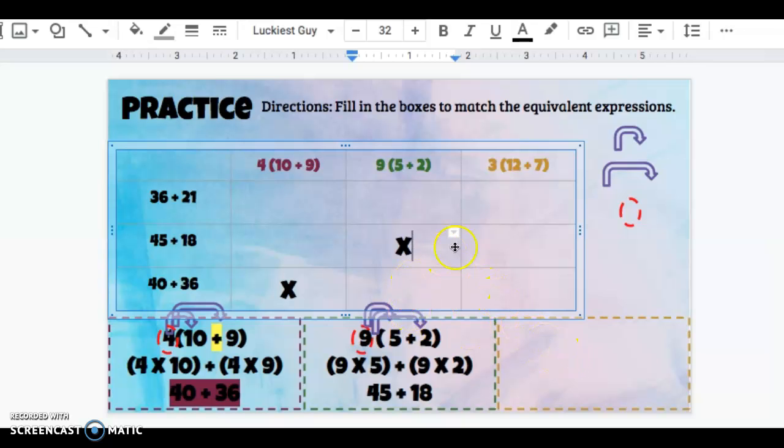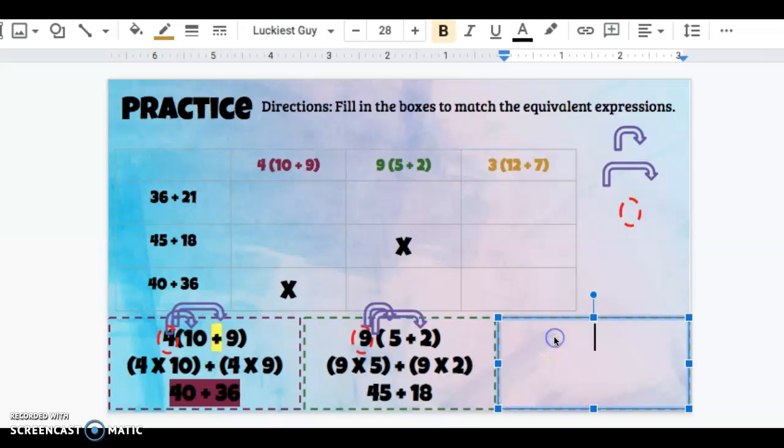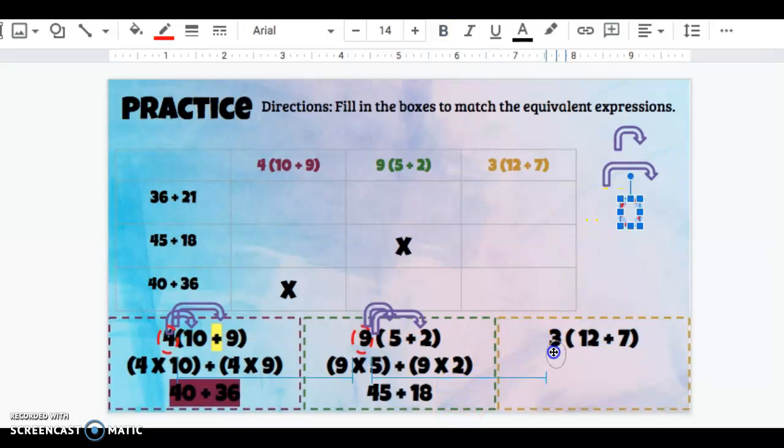Okay, and just to double check that 3 parentheses 12 plus 7 equals 36 plus 21, we want to double check that. So we have 3 parentheses 12 plus 7, close the parentheses. Okay, I circle the house that they go to, so I circle 3. 3 gives me candy. 3 gives my best friend candy.